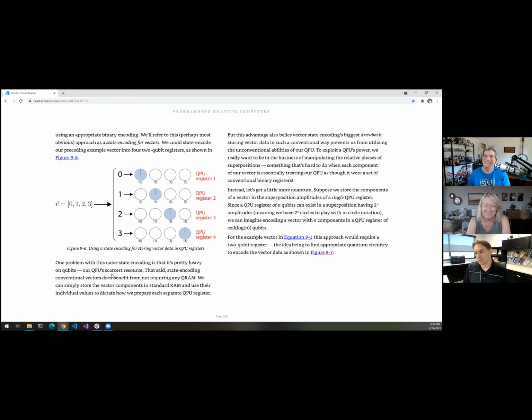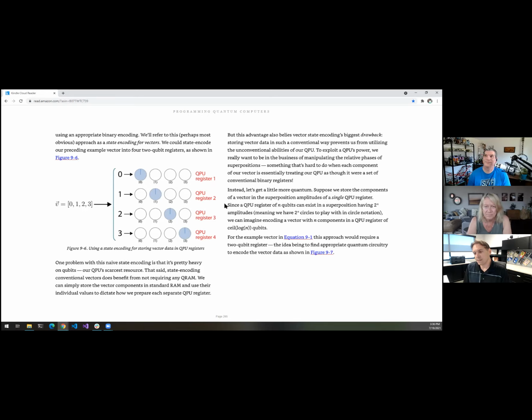Qubits are our scarcest resource. So definitely, this is really wasteful. And right here, obviously, the majority of the circles aren't even used. I like how he also said it doesn't actually require any QRAM, so we're not getting our benefits. And then later on, he talks about how to exploit the QPU's power, we actually want to be in the business of manipulating phases and superpositions, something that's hard to do if we're treating it like this.